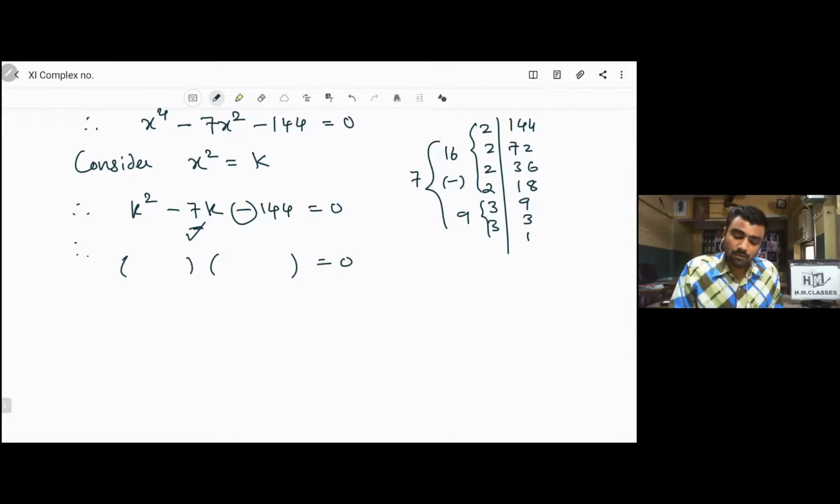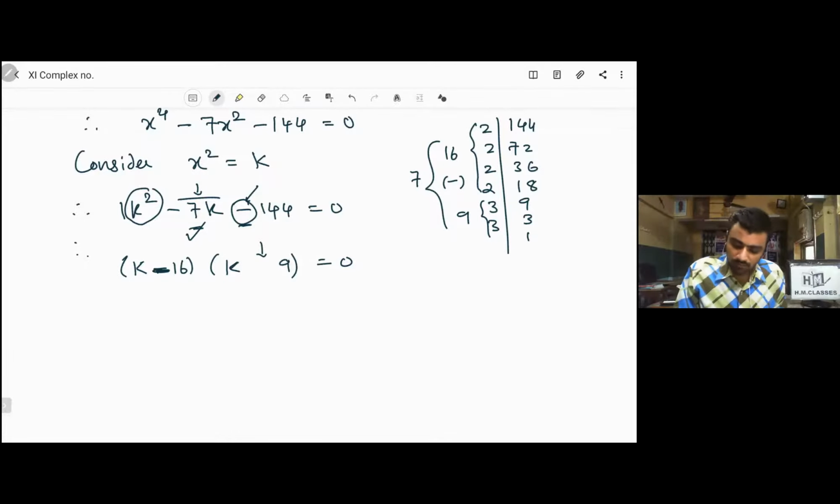Let me show this. This shortcut is used whenever there is a k square term in the quadratic equation and its coefficient is 1. At that time you can use this shortcut method. So in both brackets you write k, because that is our variable right now. The factors we have considered are 16 and 9. Now the middle term is 7, and its sign is minus, so you keep minus here. Now you require minus in the result, so along with this minus, what sign will you keep here to get minus?